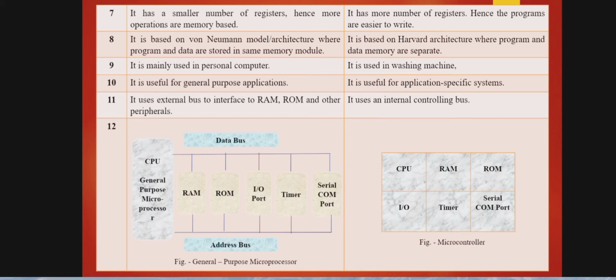Microprocessor uses external bus to interface to RAM, ROM and other peripherals, whereas microcontroller uses an internal controlling bus. Microprocessor is based on von Neumann architecture, whereas microcontroller is based on Harvard architecture.